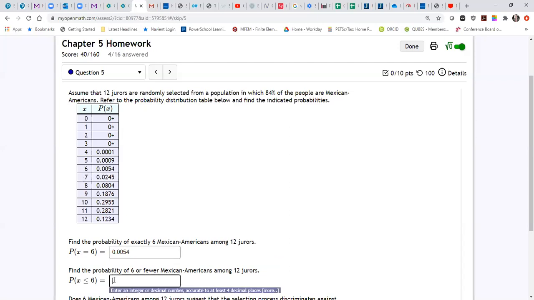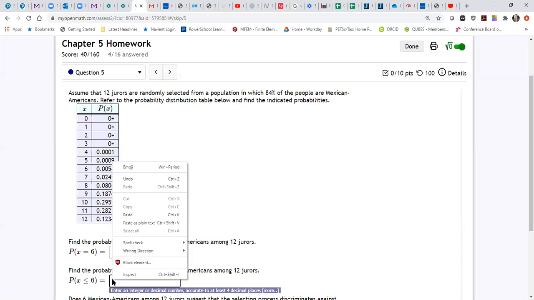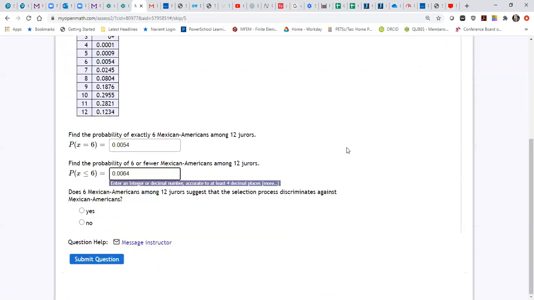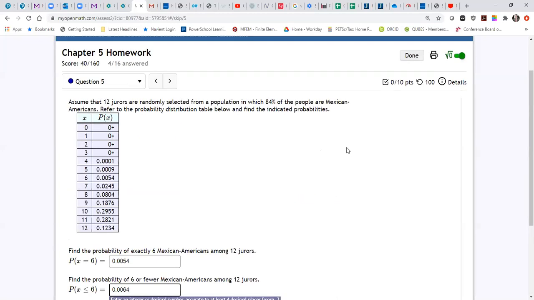And for less than 6, you need to copy and paste from the Excel. So this is the answer. If it's less than 6, you just add all of them from the top up to 6, yes. And it didn't say anything about rounding to decimal places, so you just need to copy and paste it there and then submit it.